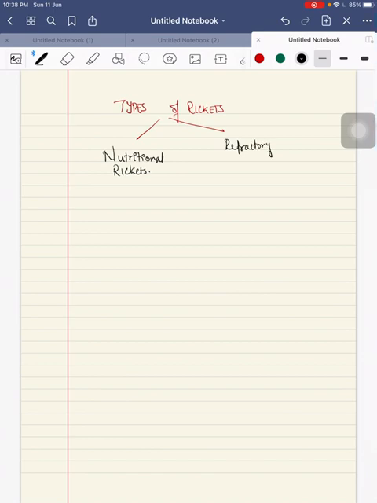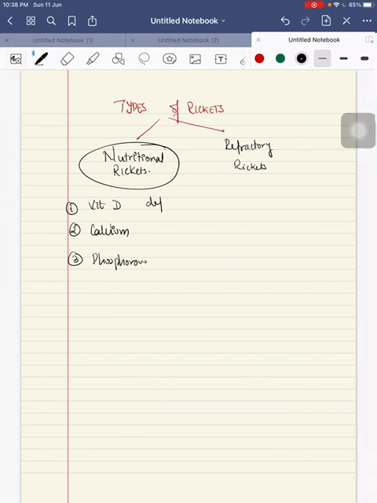Second one is refractory rickets. In nutritional rickets, it occurs due to the deficiency of vitamin D, calcium, or it can be due to phosphorus deficiency.